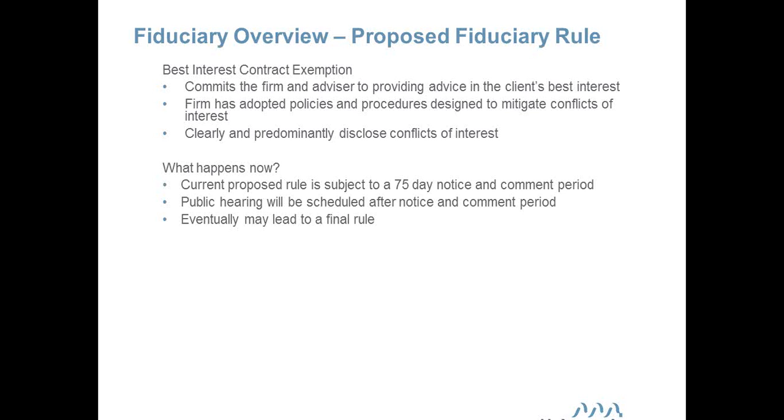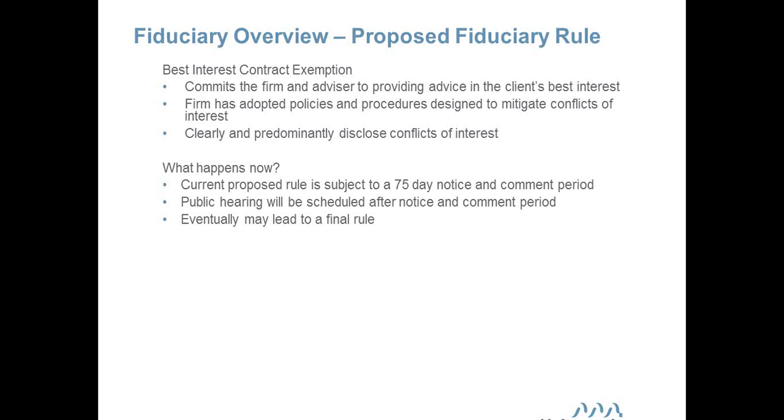Where ERISA is right now is that you can't get out of the prohibited transactions just by disclosure. You can't just disclose and then go ahead and make the transaction. Under the prohibited transaction rules, you are simply not allowed to do it. You can't get out of trouble by disclosing it away. So that's a big change under the proposed rule.